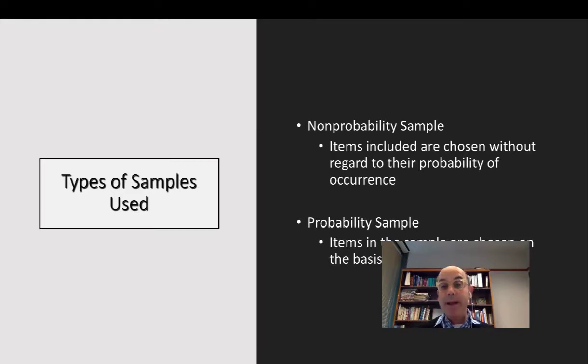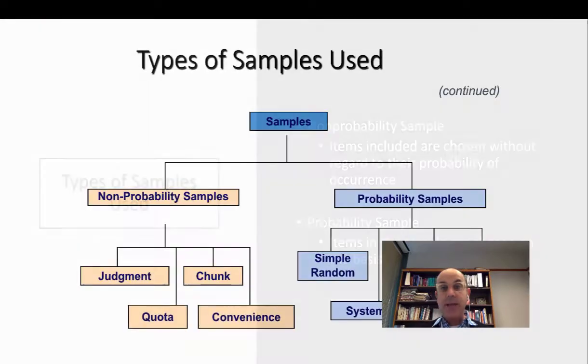One is non-probability, where we declare that we are taking the sample without regard to probability, so those who participate in our sample might not be representative of the entire population. In comparison, probability sampling is done with regard to the population, which is a very important element.